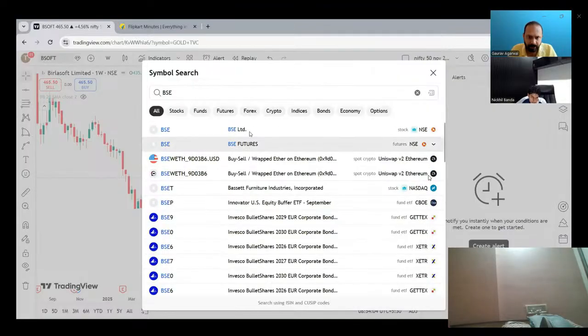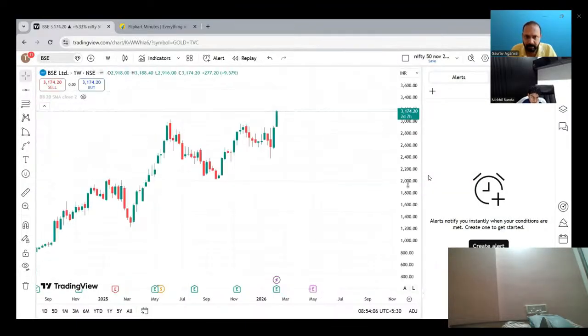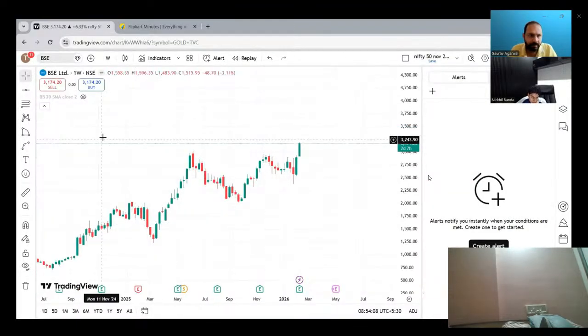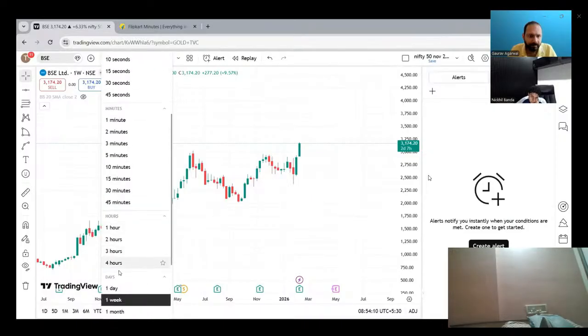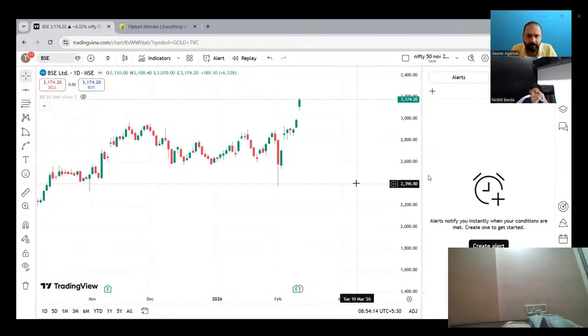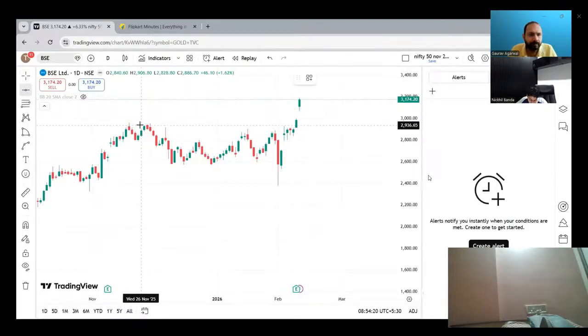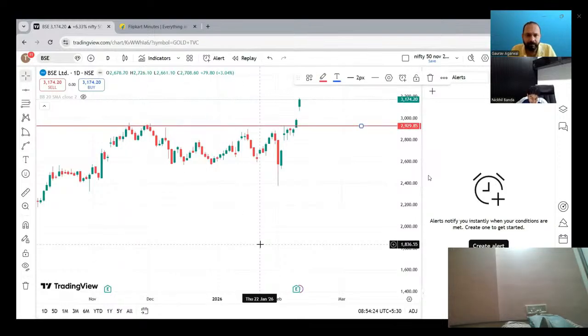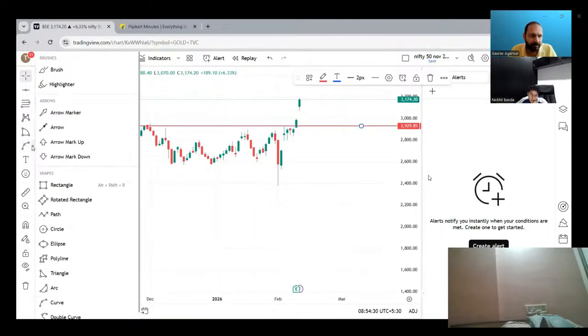More stock, I'll show you this pattern. Kind of a small one, you can see that.